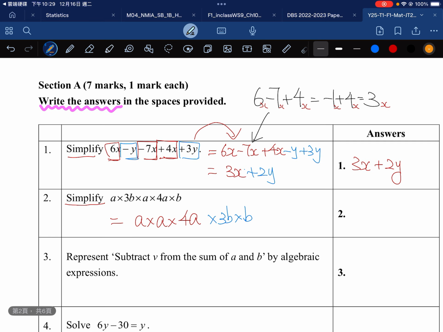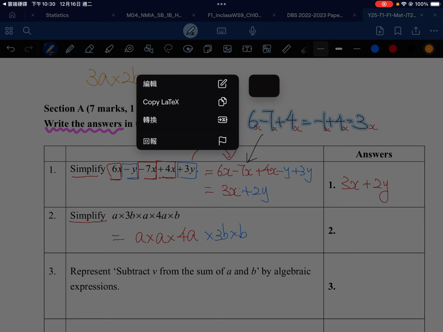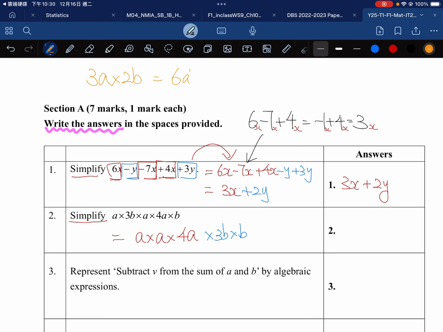For example, look at the top orange pen: 3a times 2b. Even though a and b are different terms, or unlike terms, in multiplication we can combine them as 6ab as one term. So like and unlike terms only affect plus or minus. For multiplication or division, they are already one term, and we don't have to tell whether they are like or unlike.